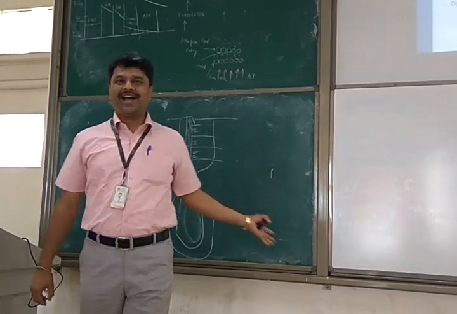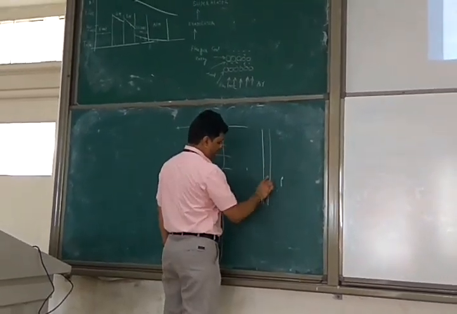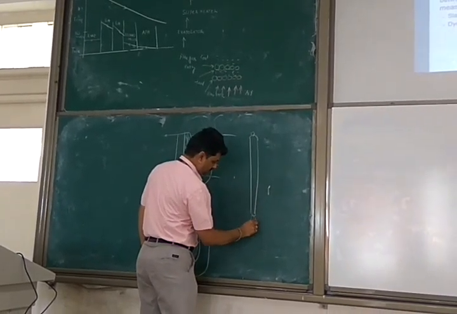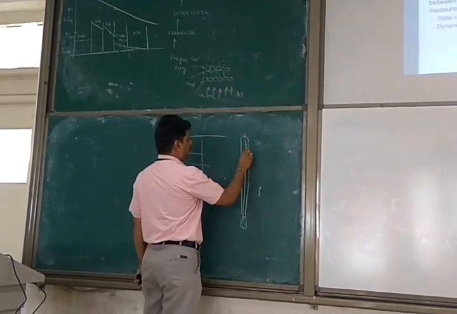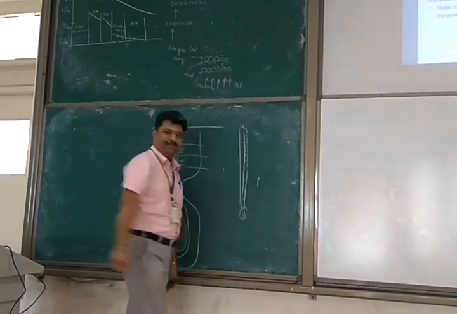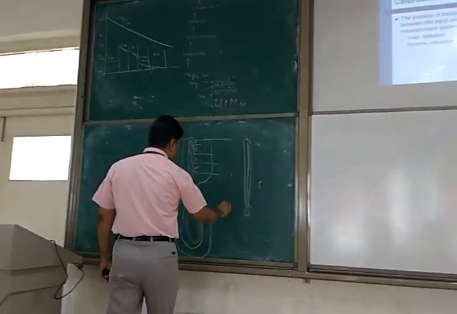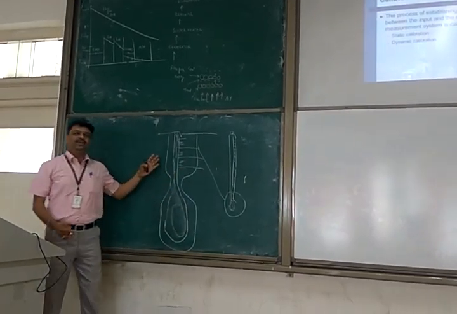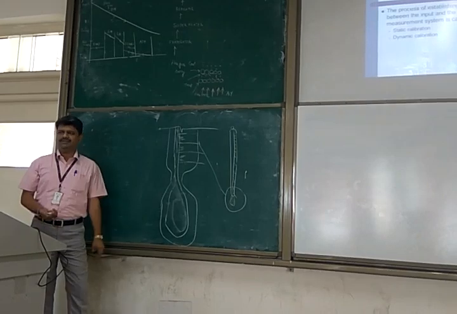Of course, if I draw like this, probably you will be able to easily identify it. Okay, fine. The enlarged portion of this is this. So your thermometer. Okay, all of you should be familiar with this.